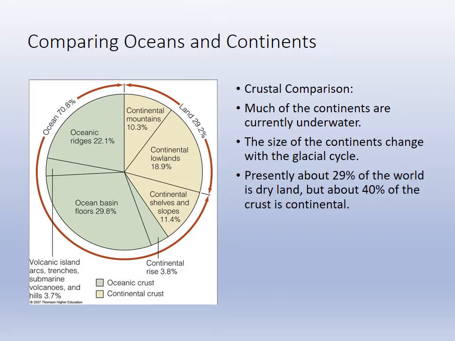Currently, continental shelves make up 11.4% of Earth's crust. They're continental, granitic, shallow, so parts of the continents are currently underwater at present.